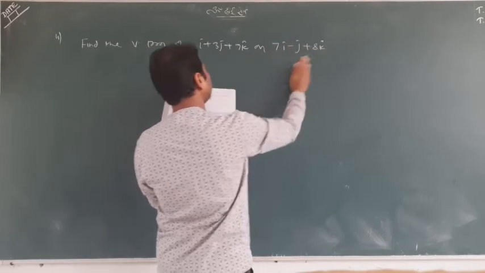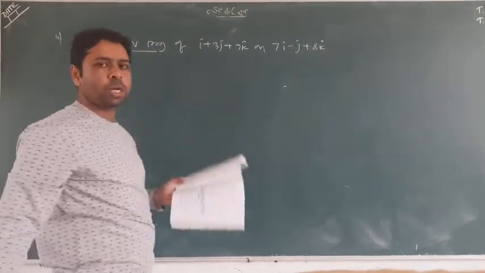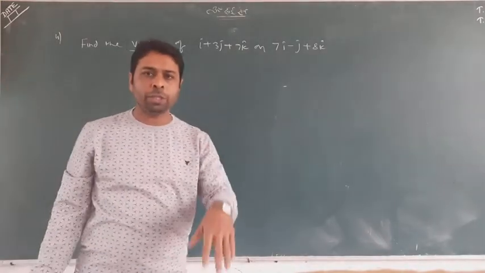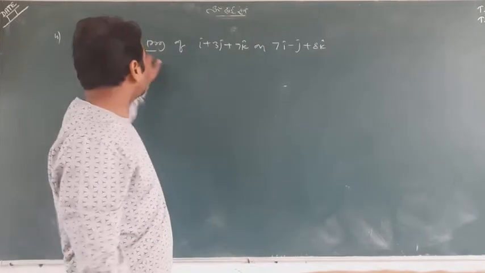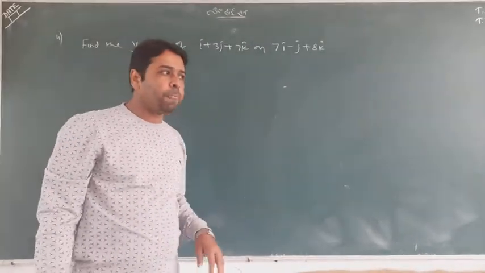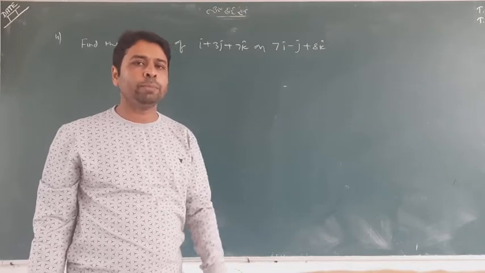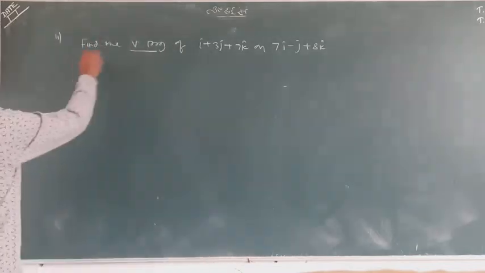Let me say that I am finding the vector projection. Try to understand. In the question it is not given. We are told only projection. But especially I am finding the vector projection so that I could bring this particular method into your knowledge. I am doing this for you. Solution.